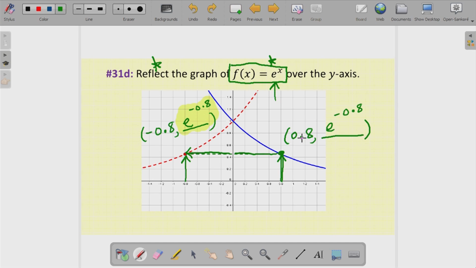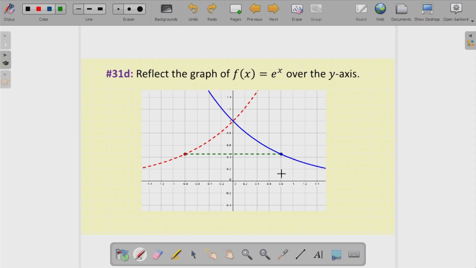I've got its coordinates. Let me go ahead and generalize that by using an arbitrary x value. All right, so same thinking. The pre-image should be x units to the left. And so the x-coordinate is negative x. And now we just go ahead and use the given formula, e to the power of that input.